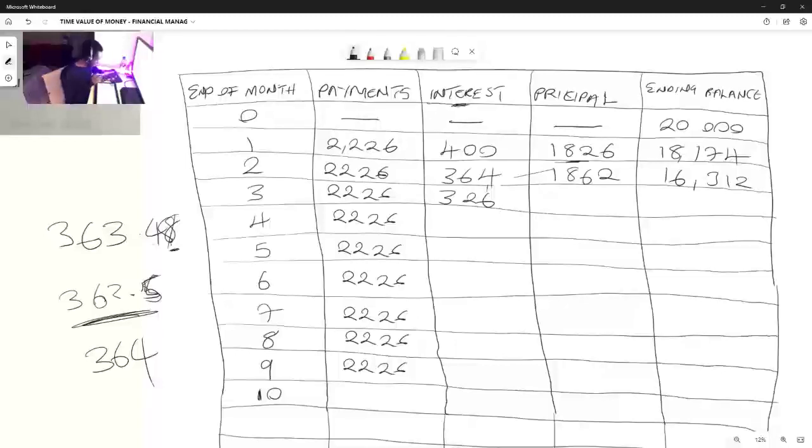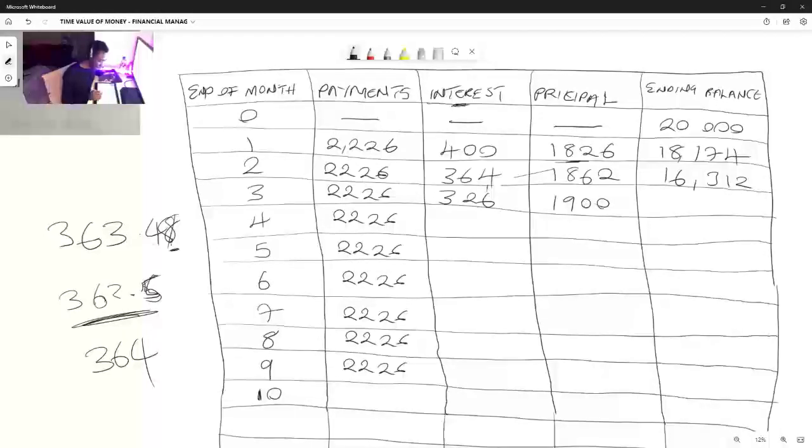So 2226 minus 326 gives us 1900 as our principal for period 3.